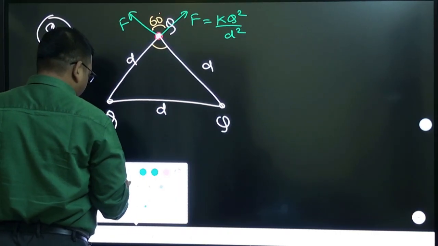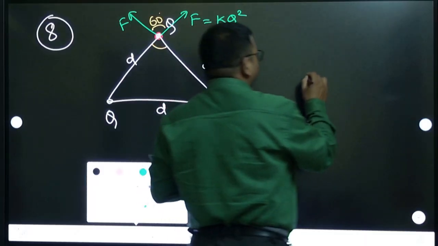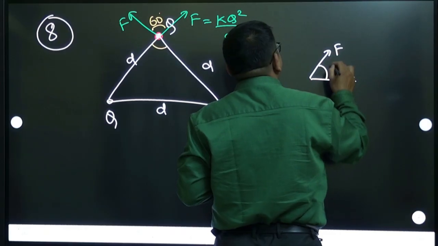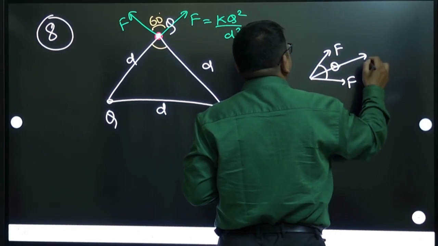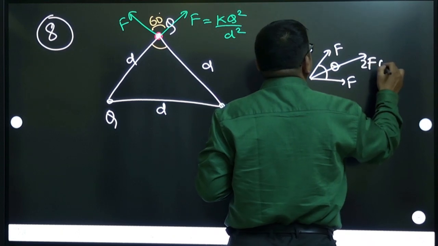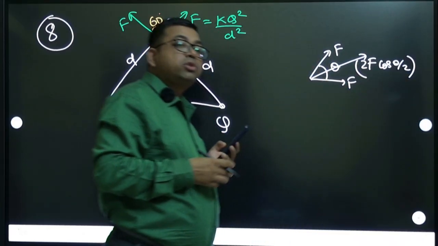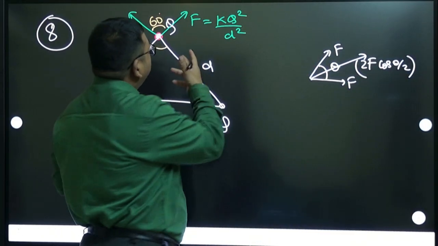Then you just find the resultant force. Suppose two forces are at an angle theta, then the resultant force becomes 2F cos theta by 2. This is a very basic idea of resultant force. Simply apply that.